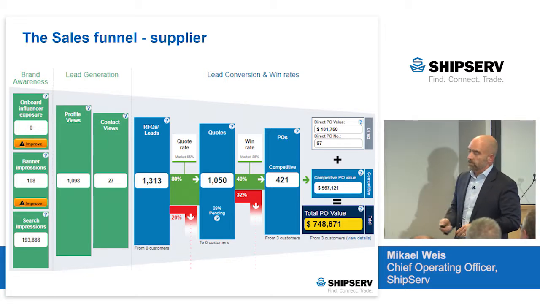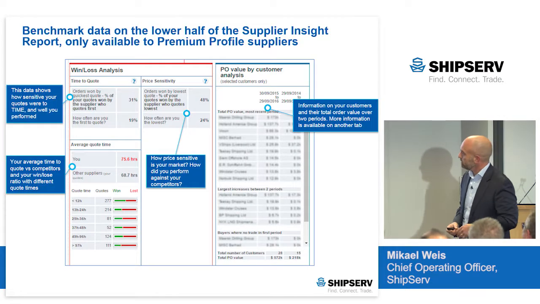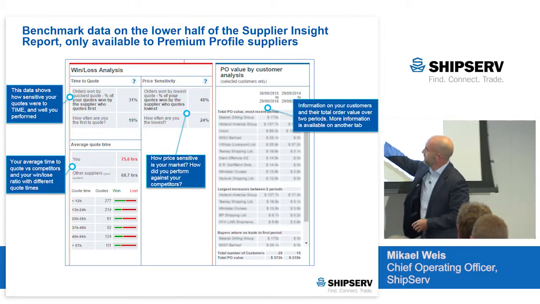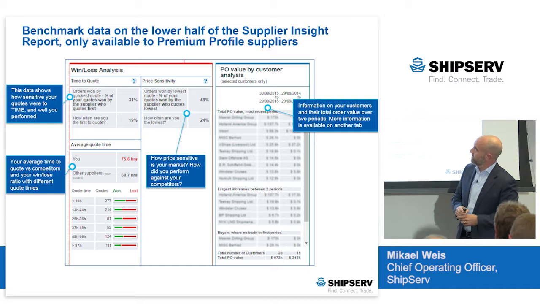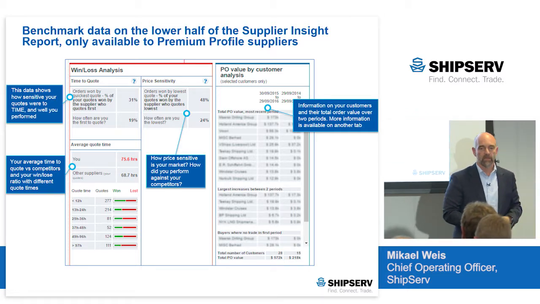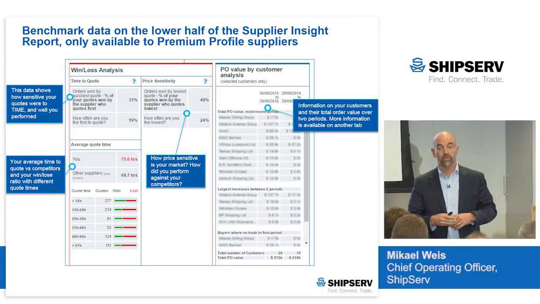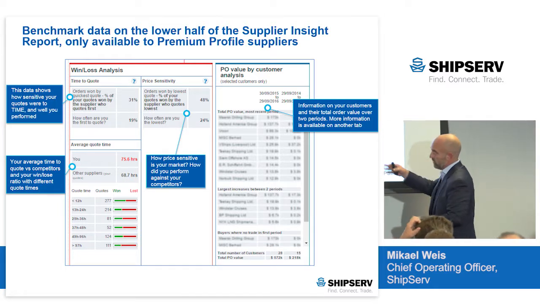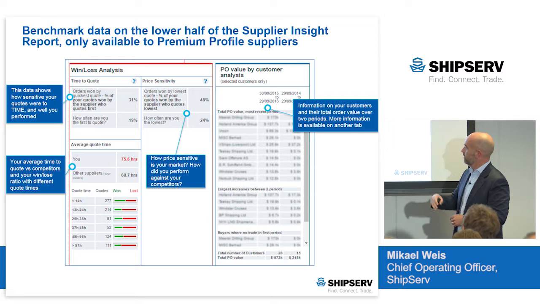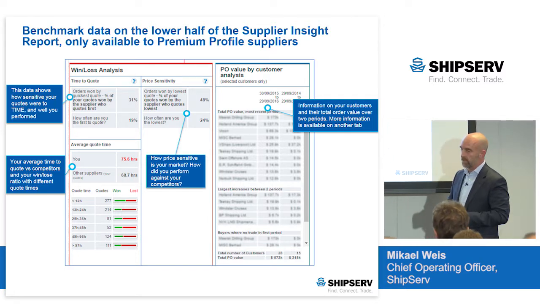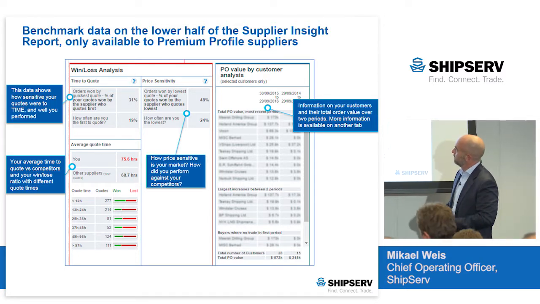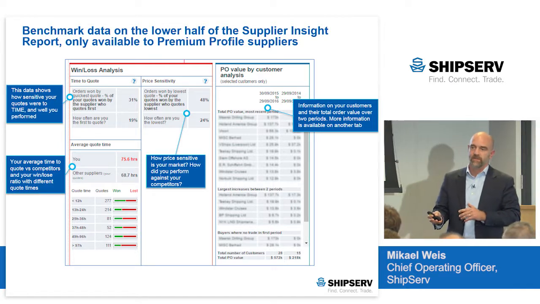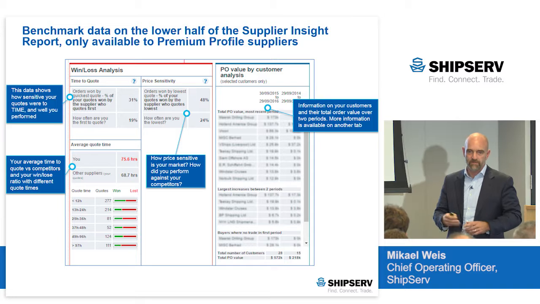So staying a little bit with the supplier side, the next level of this is the level where you also will get an analysis on the time to quote. How often have you won when you have been the fastest to quote? What is your average quoting time? What is the competition, their quoting time? Do you believe that quoting fast is equal to a likelihood of getting the order?